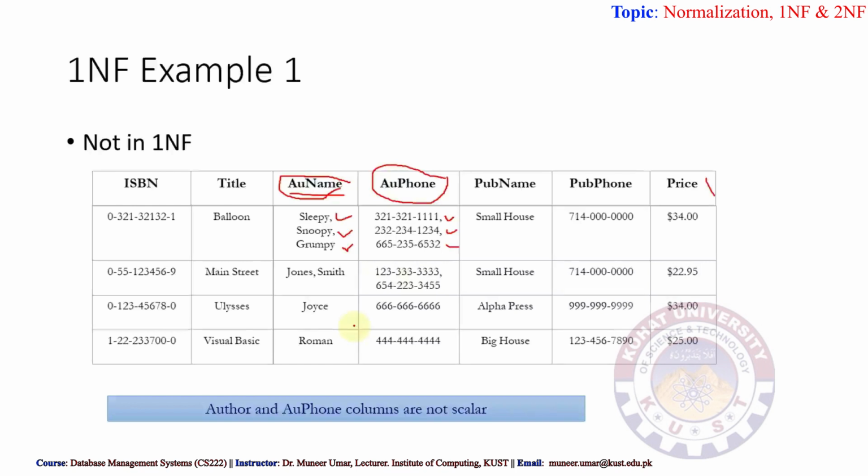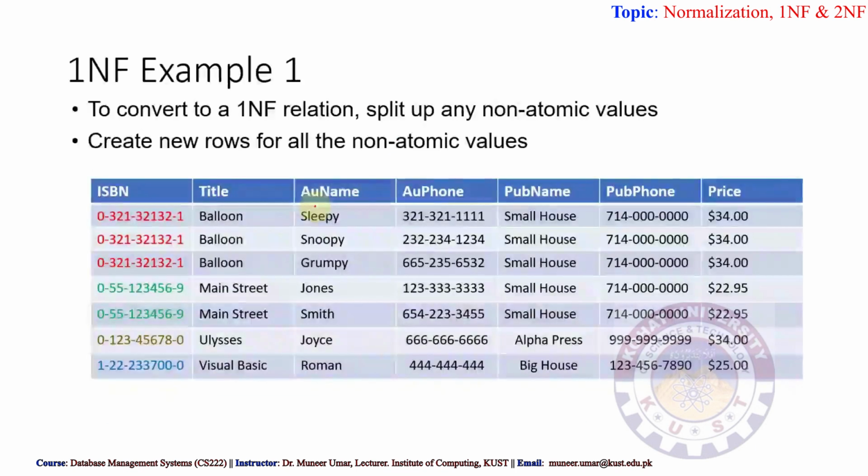It is not in first normal form. So the rule says that the multi-value attributes must be scalar and there must not be multiple values under columns or attributes. So we can convert this table into first normal form.